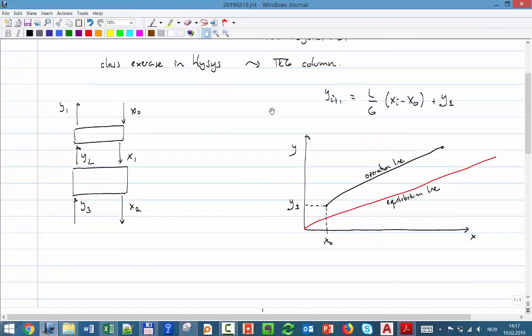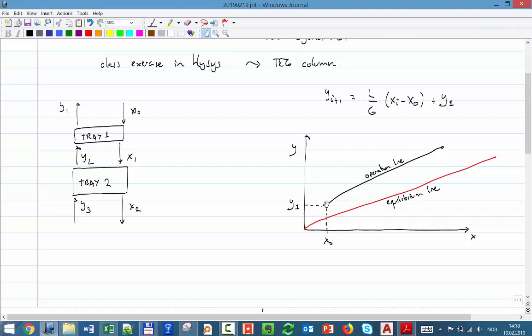Okay, so yesterday we were discussing the tower. We know that there are a few trays, one from top to bottom, tray 2, and so forth. And then we found two lines. One of them is the equilibrium line. We said that the liquid leaving the tray and the gas leaving the tray are going to be in equilibrium, so they should fall on that line.